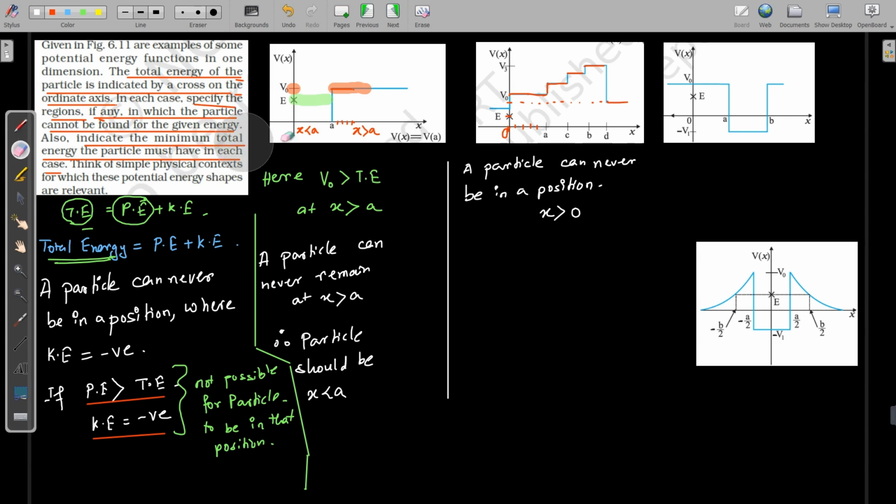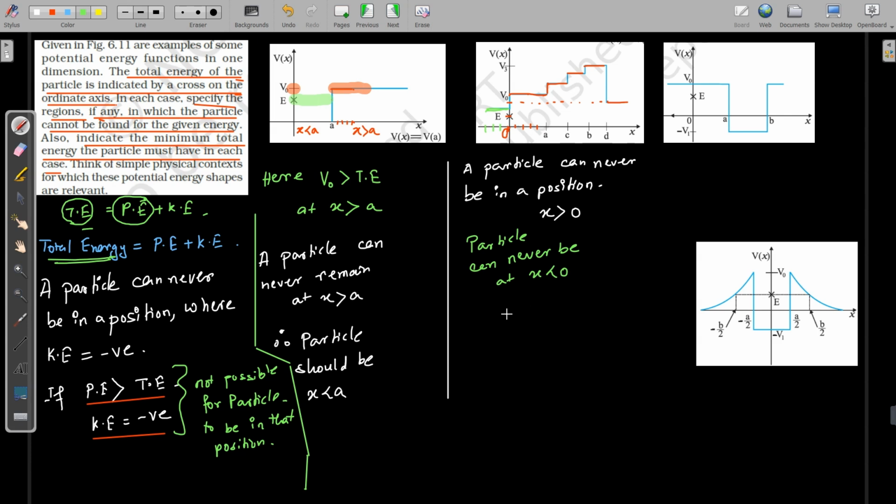But here also, if we check this in a precise way, at this position as well, just see, here also the potential energy is greater than total energy. The particle can never remain at x equal to 0, or at x less than 0.